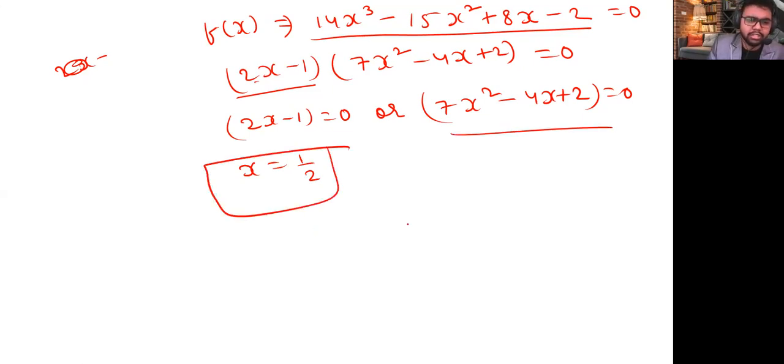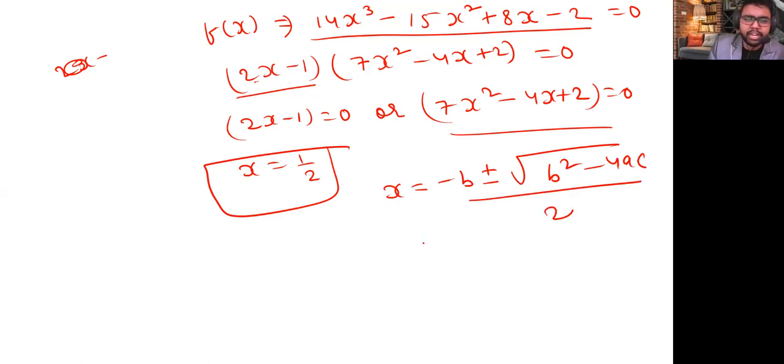What about the quadratic part? What is the quadratic formula for x? It is x equals minus b plus minus root over b square minus 4ac, divided by 2a. And you might know that if b square minus 4ac is less than 0, that means negative, there would be no real roots.